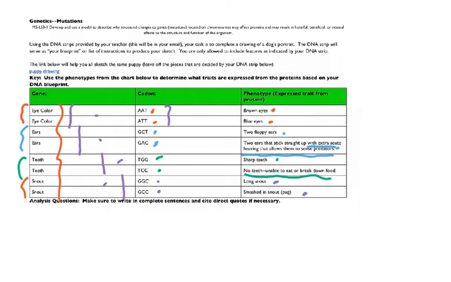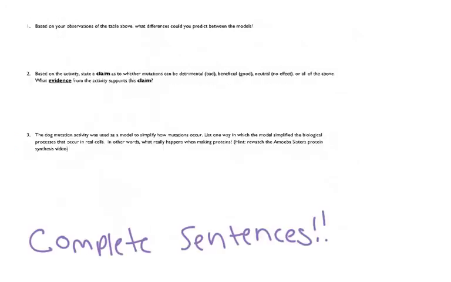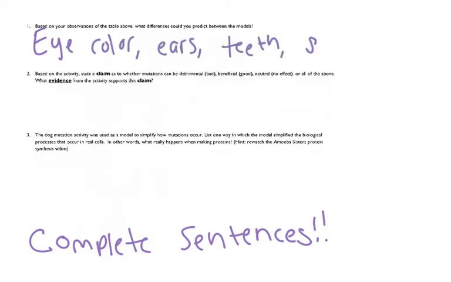I'm going to write eye color, ears, teeth, and snout. That looks like shout. You guys are used to my messy writing by now. Remember, you need to put that in a complete sentence.